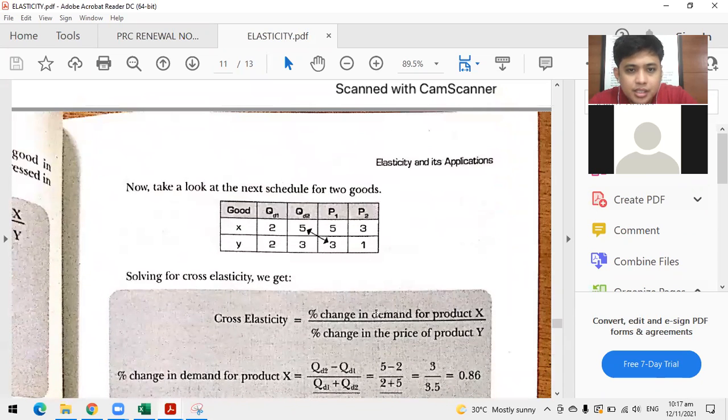So next, paano naman pag ito? Copy natin ito.